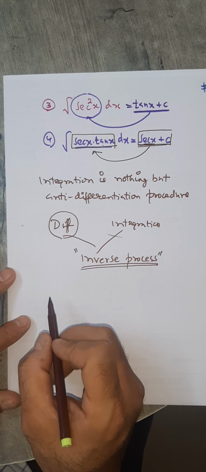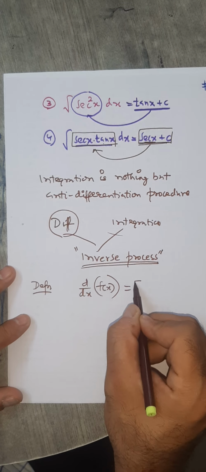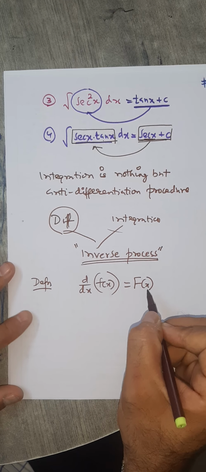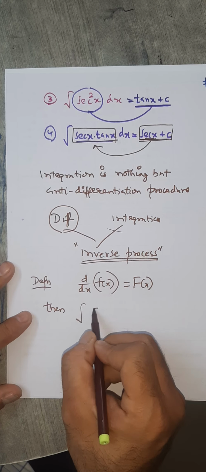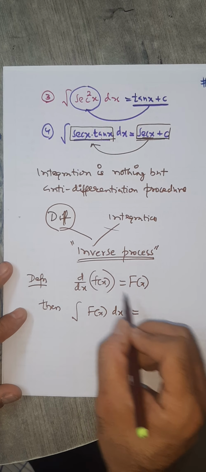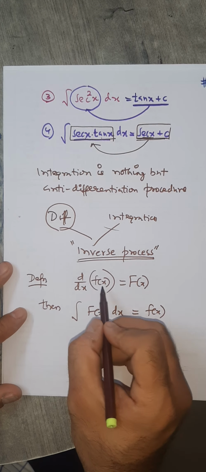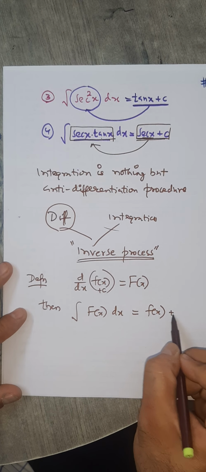Okay, now if I write the definition precisely, it's like this. If we know that d by dx of, for example, big F(x) equals small f(x), then we can say that the integral of small f(x) equals big F(x) plus c. In differentiation you can write plus c, so here also I can write the plus c.